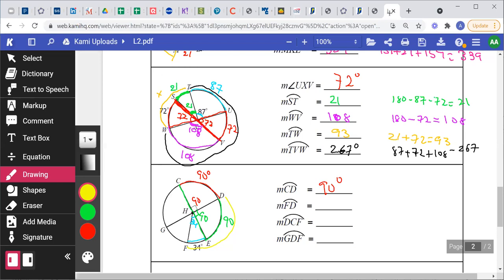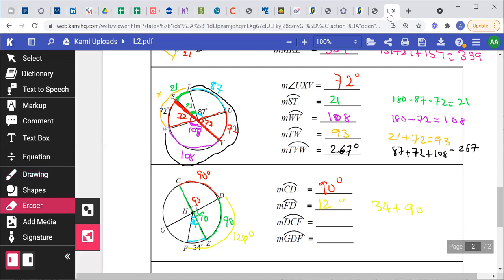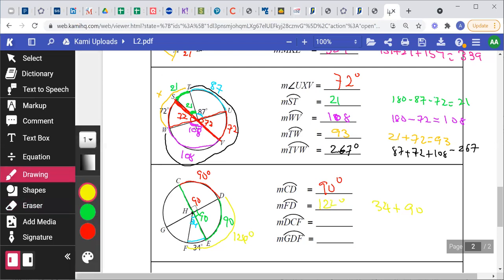So here, C to D is going to be C to E, which is 34, plus E to D, which is 90. And 34 plus 90 gives us 124. So this one is 124, the yellow one here. Sorry for my handwriting, quite bad.